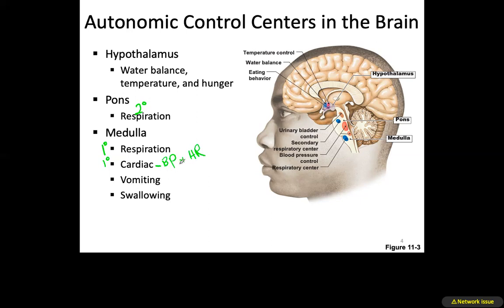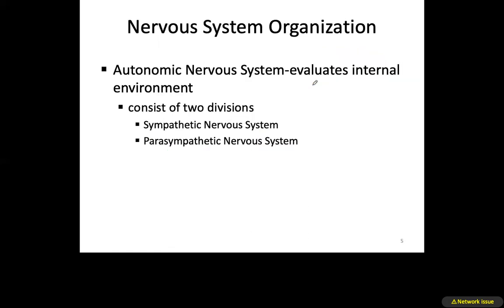And then the medulla oblongata also has control over your involuntary actions like vomiting, swallowing, coughing, hiccuping, etc. And you can see specifically what part of the medulla oblongata and pons are responsible for these actions. I don't expect you to learn about this in detail in terms of identifying the locations specifically. However, I do want you to be able to answer questions regarding the primary and secondary respiration center or the primary cardiovascular center.